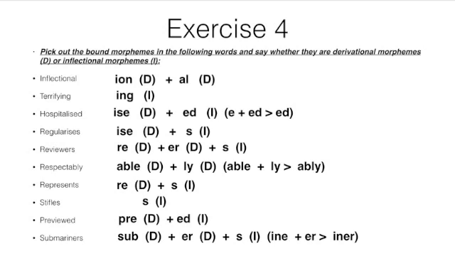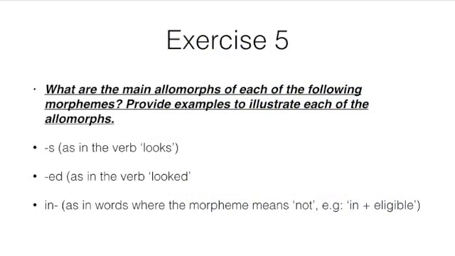So another exercise to finish with, well, you're not going to do it, but you can do it later on, take it from the blog. What are the main allomorphs? We spoke about morphemes, which can have different allomorphs. So you have to determine the morpheme and say what the allomorphs are, like for example the past tense ed.